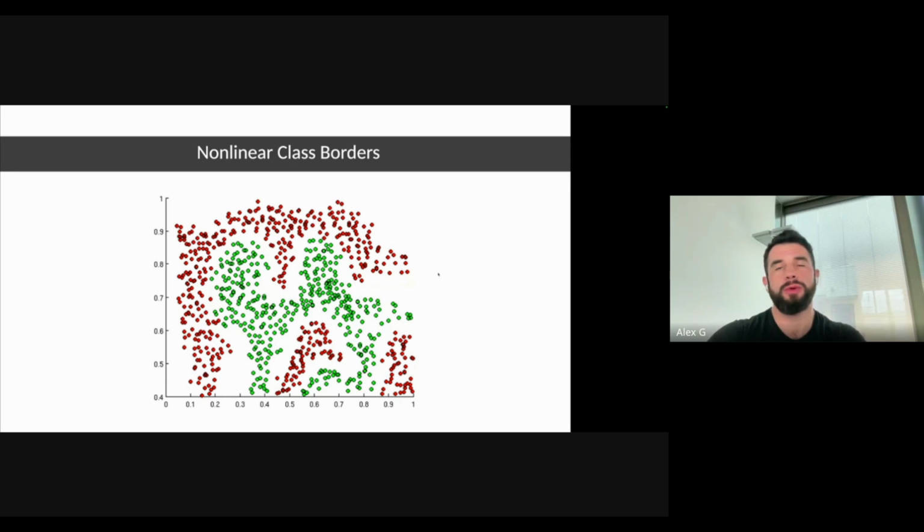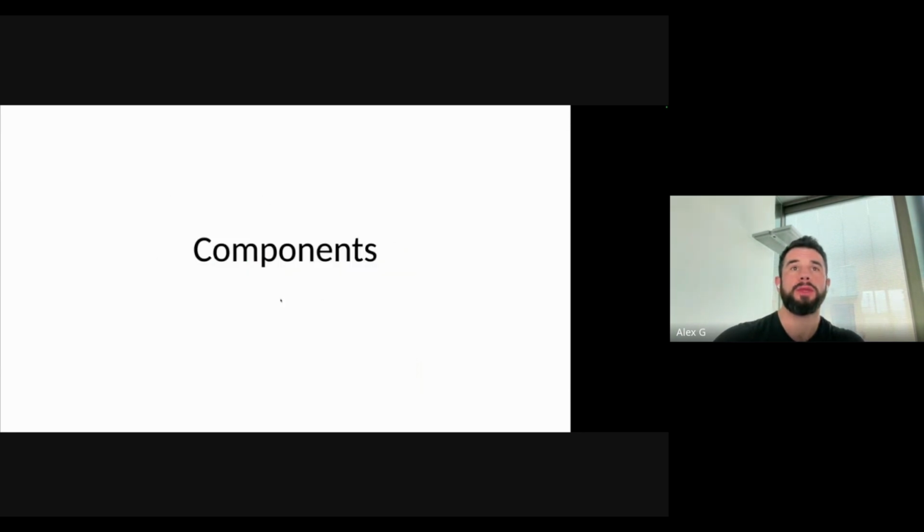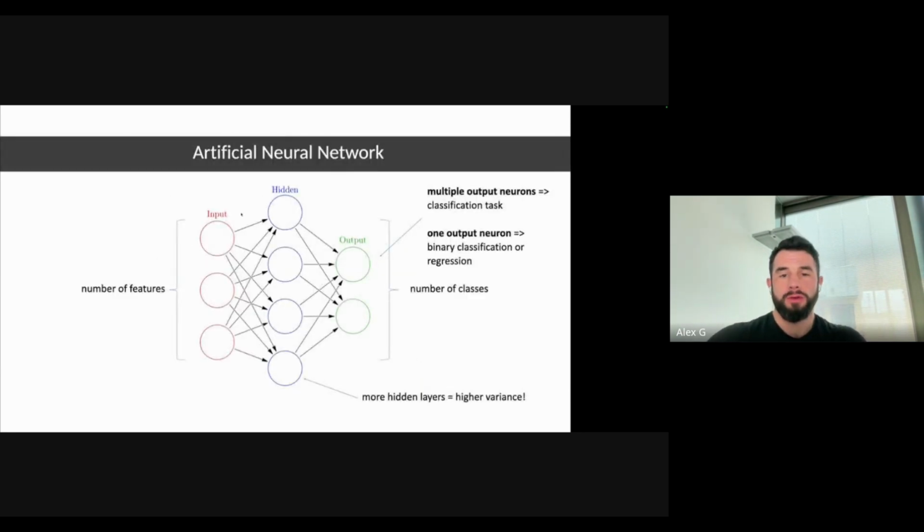You see there is no polynomial dependence, there is no linear dependence. So for these kinds of tasks, where you have a very complex function that doesn't fall into any of the buckets of the known, typical functions, we need an algorithm and architecture called a neural network.